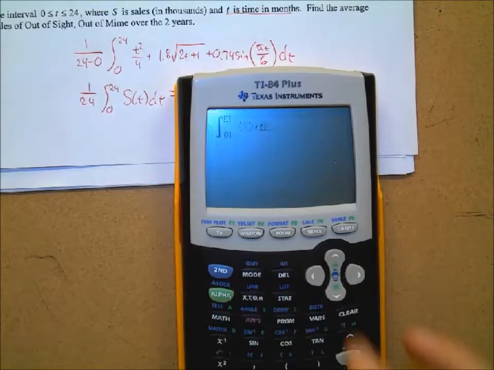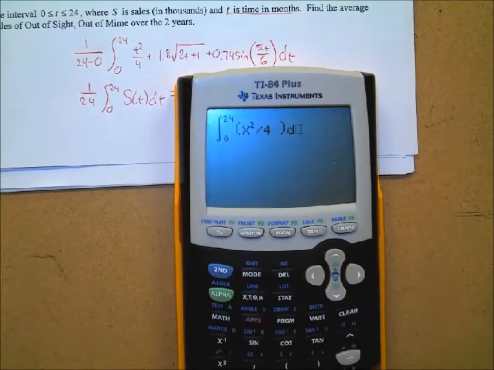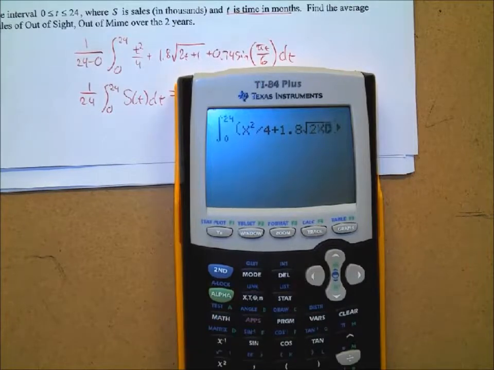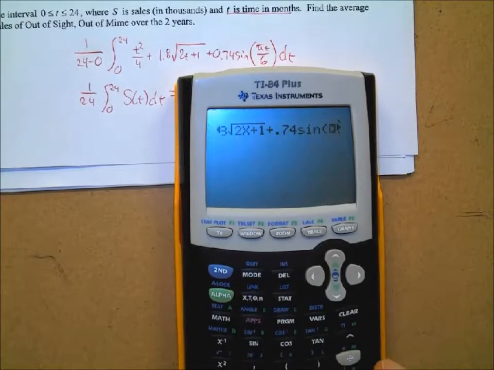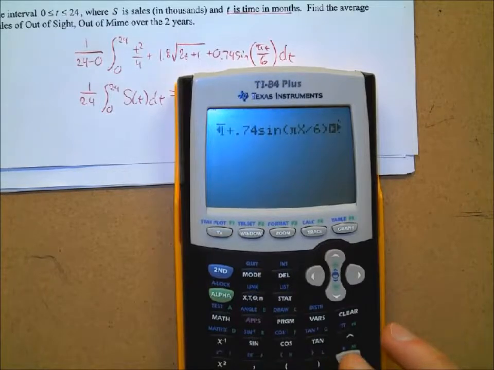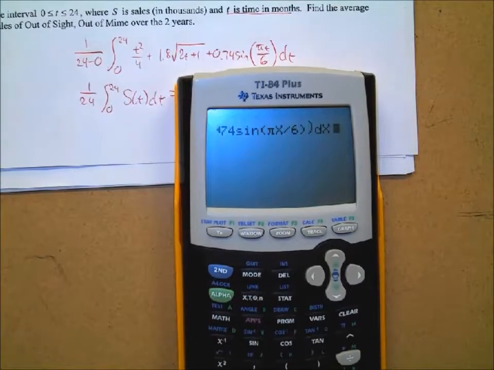So 0, 24, and then we type in our function: x squared over 4 plus 1.8 square root of 2x plus 1 plus 0.74 sine of pi x over 6. Okay, and then I have to put an x in there for the dx. And then you hit enter.